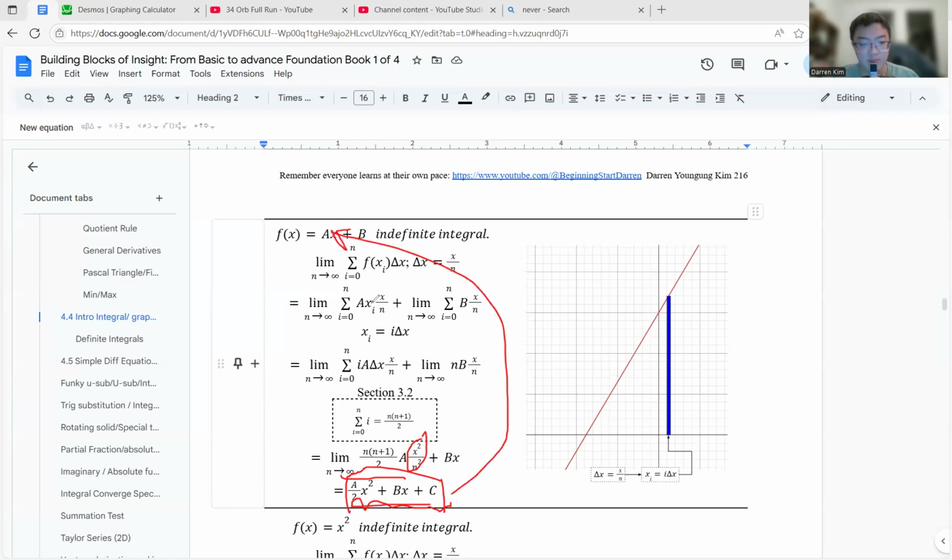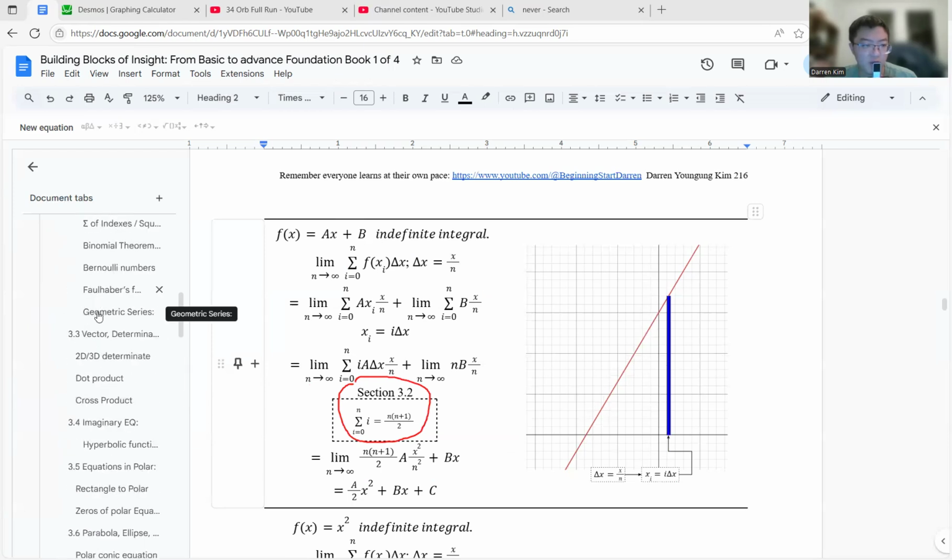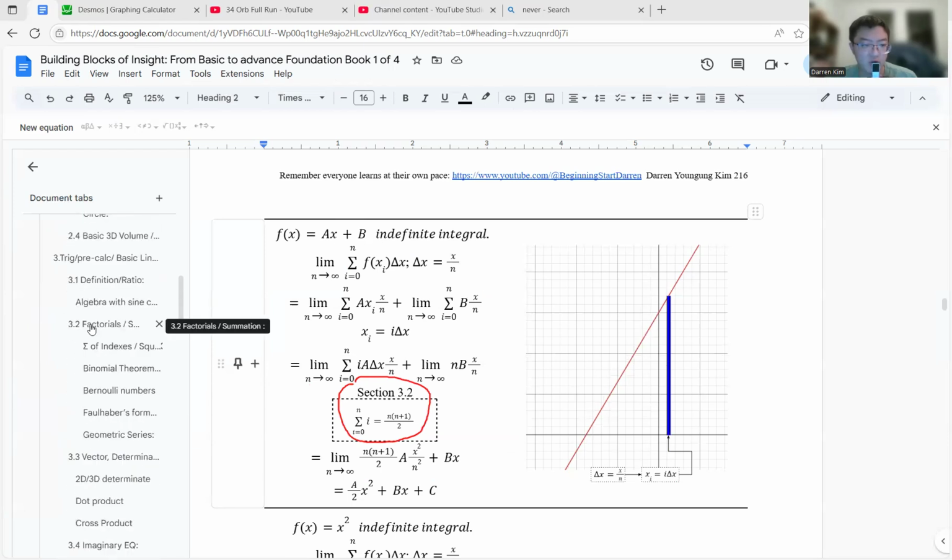So quickly, you need to go to section 3.2 for this one, because that's why I made that factorial shenanigans in trig: we absolutely needed that over here in 3.2. If you go back there, it was factorials and summations, and it was absolutely necessary. That's why I did cover that.